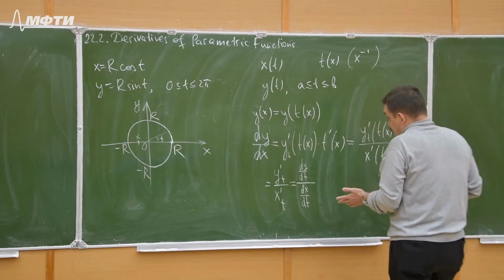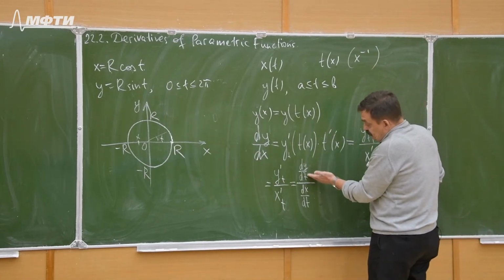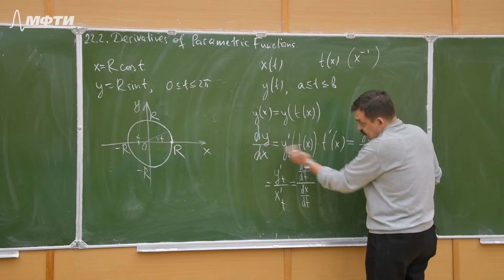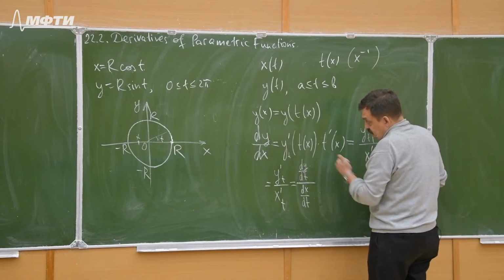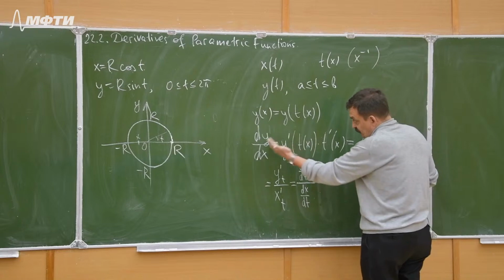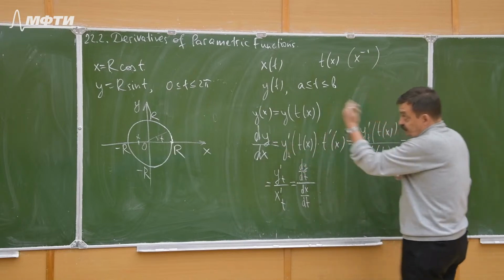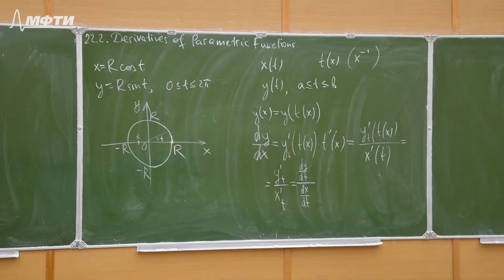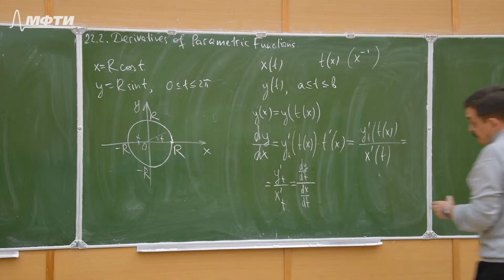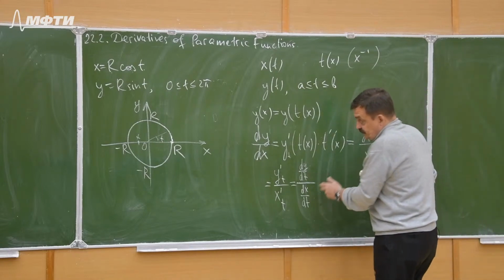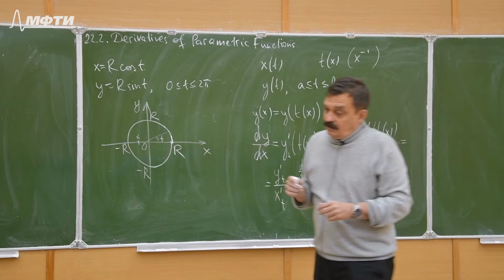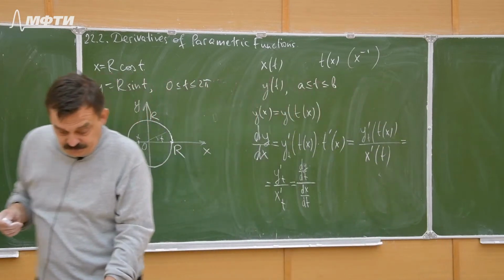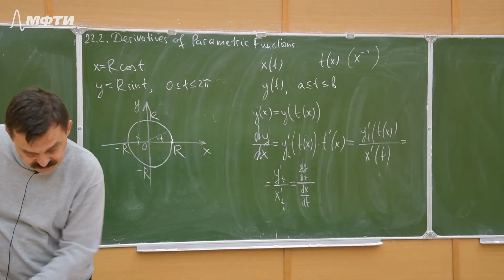So you see that using that notation is very suitable just for parametric functions because of this cancelling of dt. And that is a rule to compute.